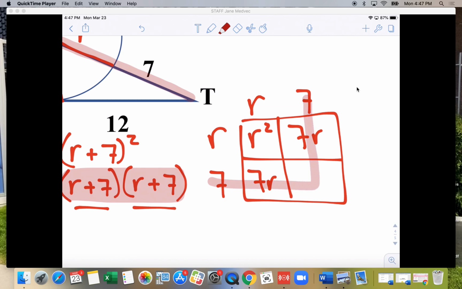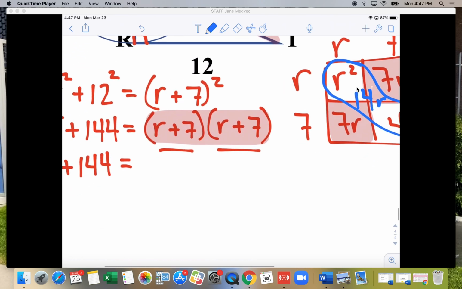And 7 times 7 is 49. And then you're going to notice that these two terms are like terms, so we're going to add those together, and I end up with 14R. So my answer, when I multiply it together, is R squared plus 14R plus 49.